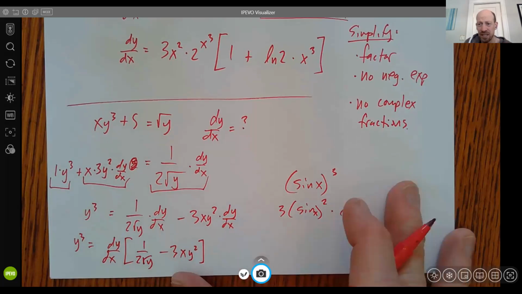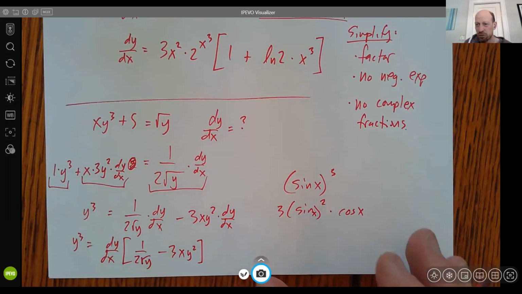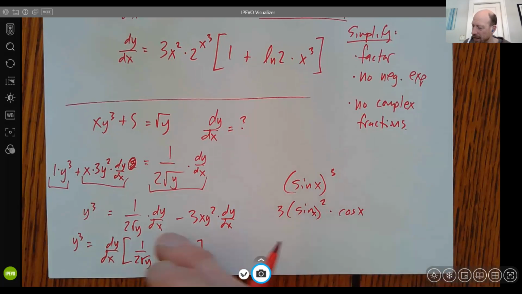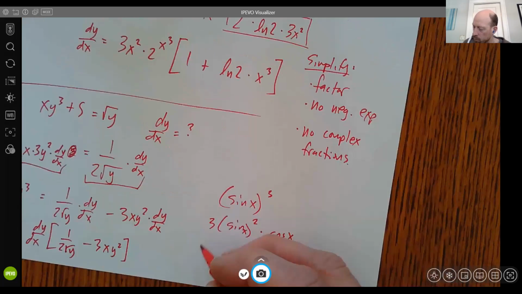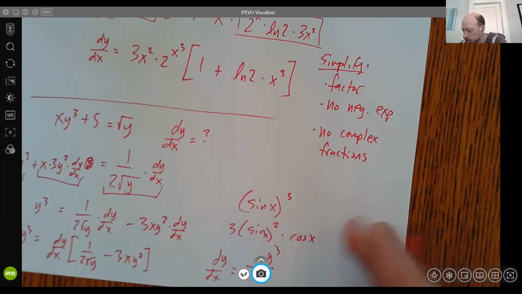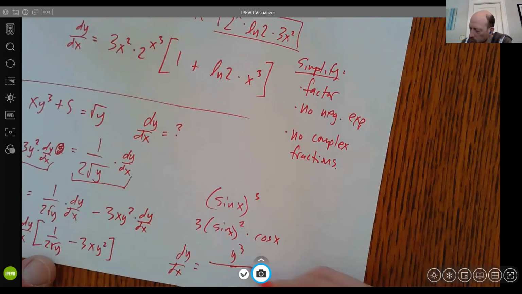It looks a little messy, but I'm not doing very much, right? I'm just keeping track of all the other parts as I pull the dy dx out, and then I divide. And I get y cubed over 1 over 2 square roots of y minus 3 x y squared.